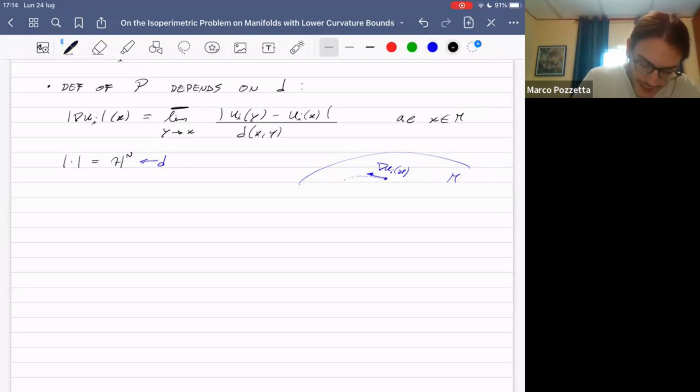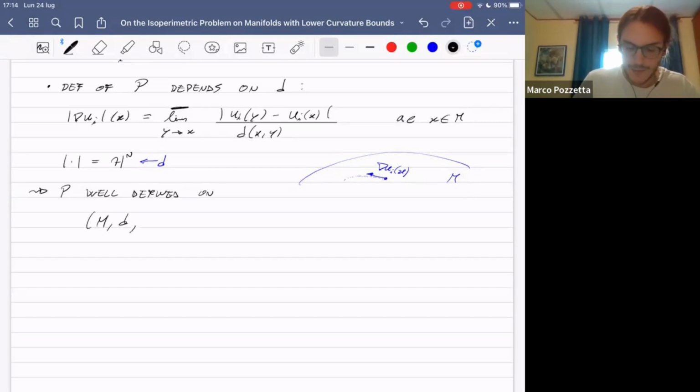So the moral of this observation is that P as a functional is well defined only if I consider M endowed with a distance, the Riemannian distance in this case, and with the n-dimensional Hausdorff measure, that is the volume measure I am considering.